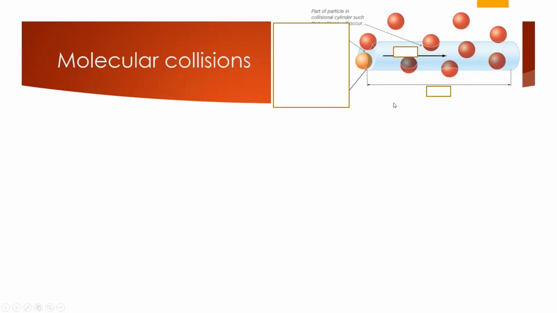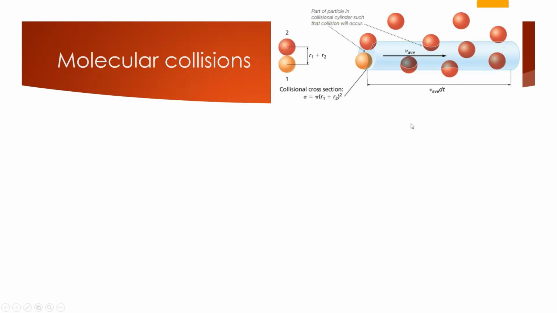Well, the area of this cylinder isn't simply based on our particle alone. Now, why not? Well, our particle has to collide with other particles. So the likelihood this particle will collide, or what particles will collide with it, doesn't just depend on the size of this particle, but it also depends on the size of the other particles that it's colliding with.